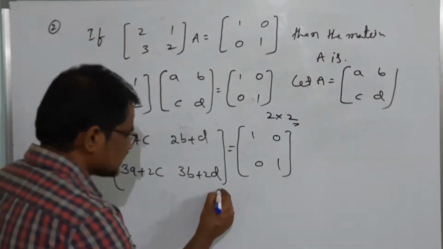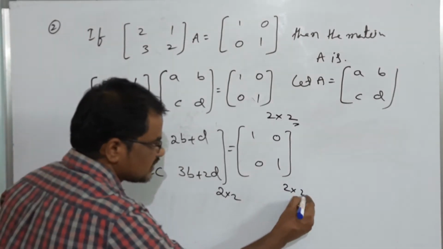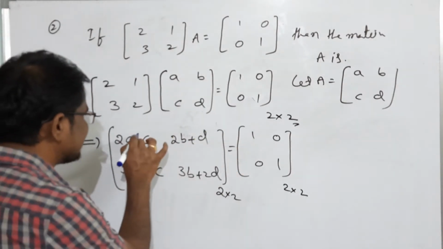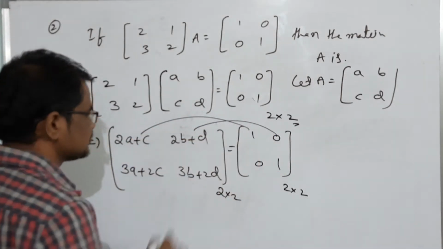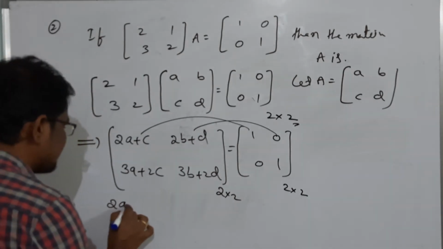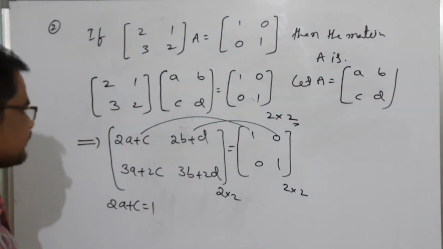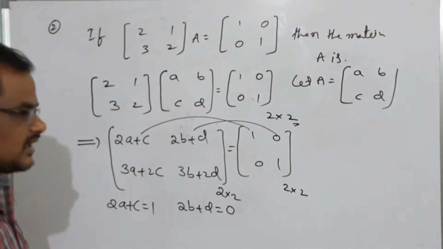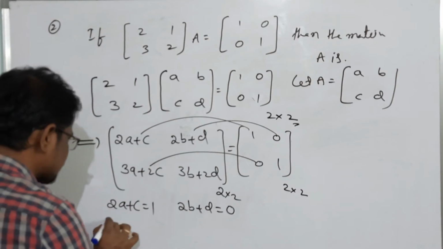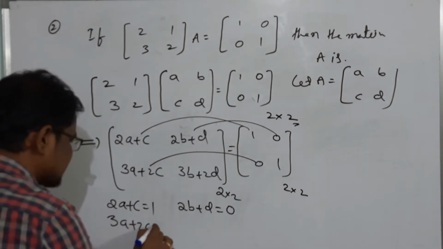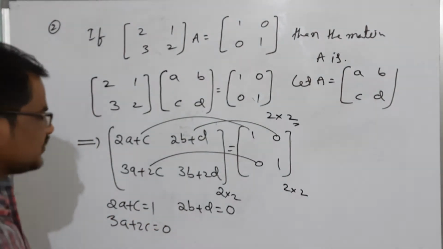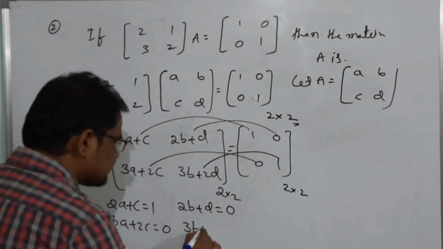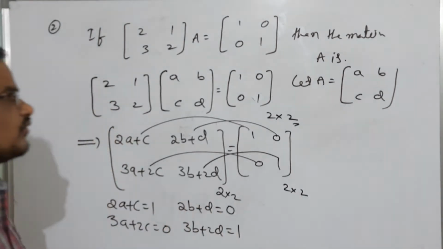Both are of order 2 by 2, so by the equality of matrices we can equate the entries. So 2a plus c equals 1 and 2b plus d equals 0. Next, 3a plus 2c equals 0. And 3b plus 2d equals 1.